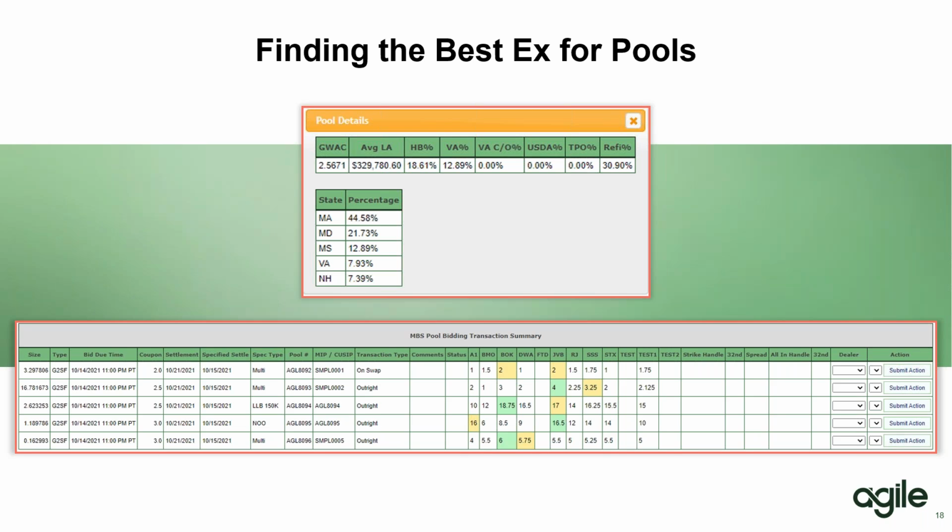And I think we are going to hopefully have some functionality to where all dealers will be able to input spreads into the Agile system instead of relying on email. But that's going to come at some later date.